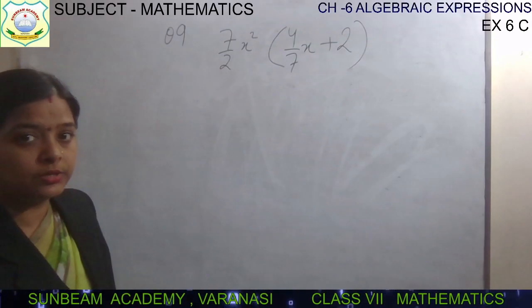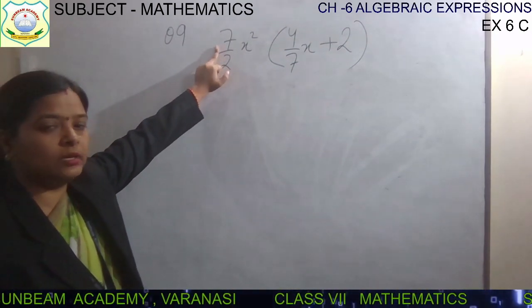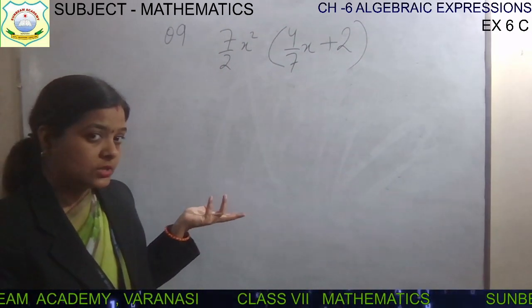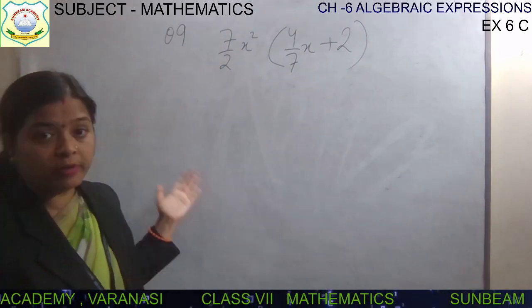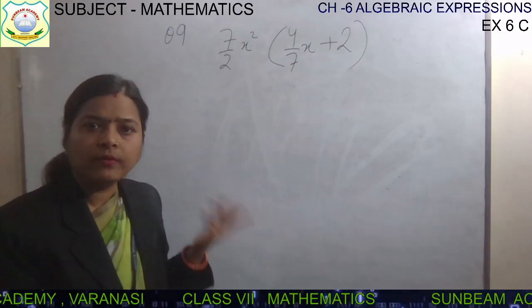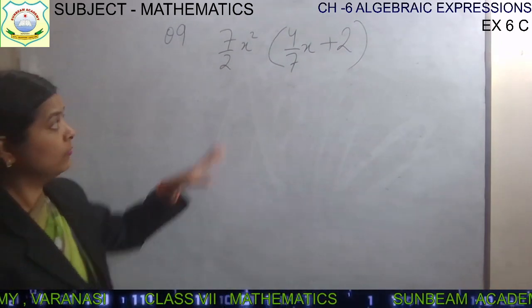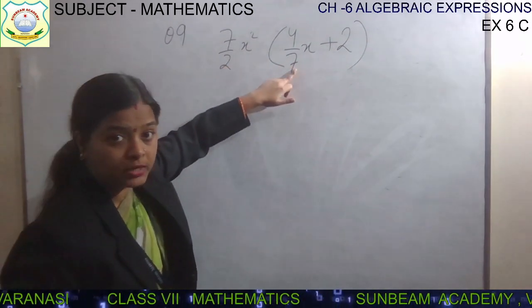Now see the question, children. Instead of a natural number or an integer, we are having a rational number. Nothing is changed, only the form of the number is different here. So why worry? We will do the same process which we are doing till now. We will collect the monomial and multiply it with the first term.